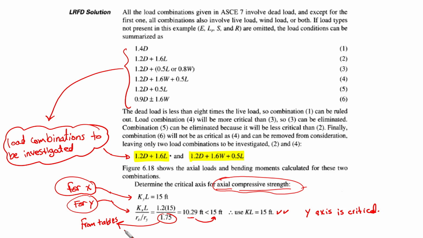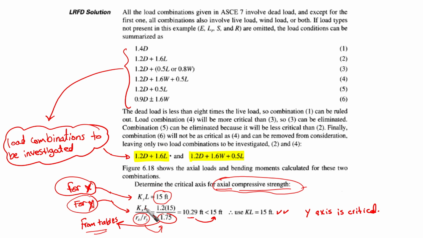This is KyL equal to 15, supposedly for Y, and this is for X. Because we are going to use the tables directly, KxL over rx over ry is 1.75. This is coming from the table.